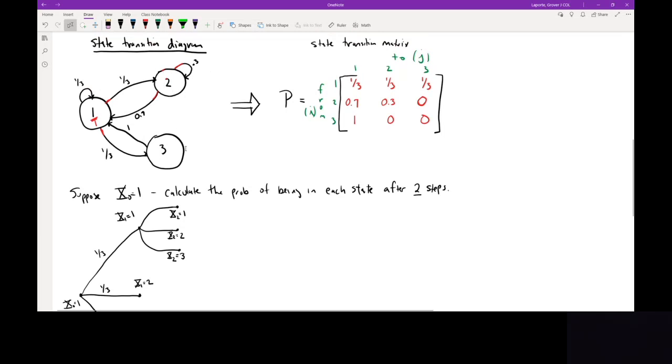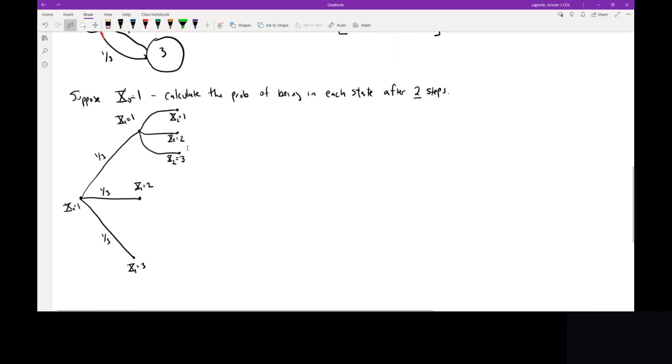I can't get to 3, so I only need to worry about 2 places. x2 can either equal 1 or x2 can equal 2, but it can't get to 3, so I'm not even going to draw that line.